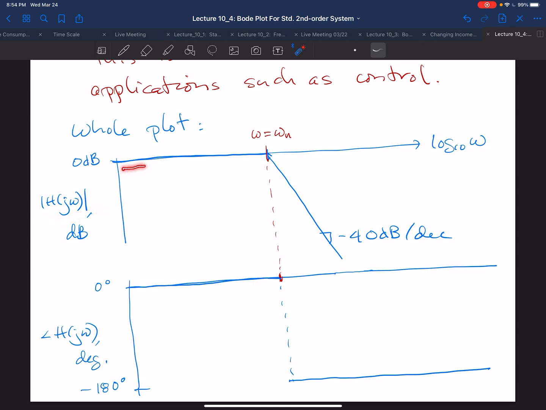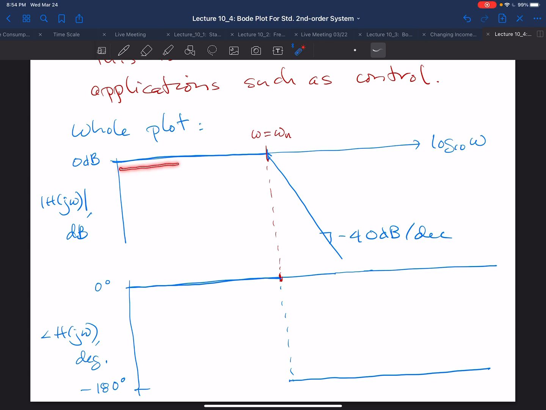So as long as the frequency omega is below omega n, or in reality well below omega n, there will be no change in the amplitude of the sinusoid. That reflects the fact that for our standard second-order system, the DC gain is 1, or 0 decibels.